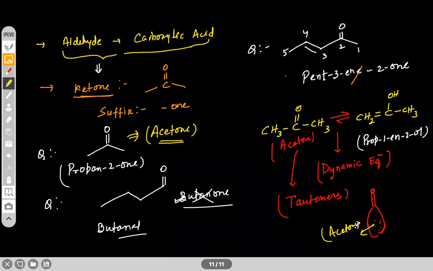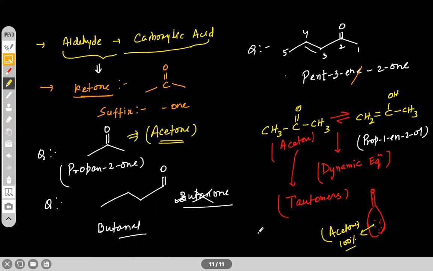What happens after some time? Initially, when you have taken acetone, it will be 100% because we have only acetone present. Now, after some time, if you calculate the composition of acetone, it won't be 100%. It will be lesser than 100%, could be anything.